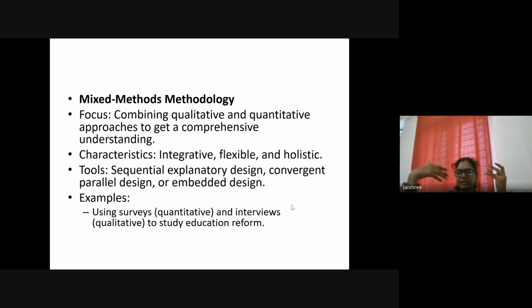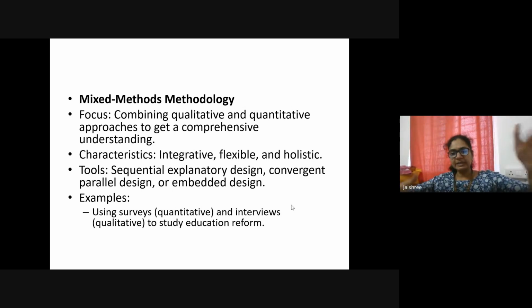And the tools: sequential explanatory design, which is one type of design where you try to pool both the data, convergent parallel design, and embedded design. So it's like combining both data, and you find these designs to be very, very easy. Examples: using surveys (quantitative) and interviews (qualitative) to study education reforms. Fine. Over to the next slide, please.